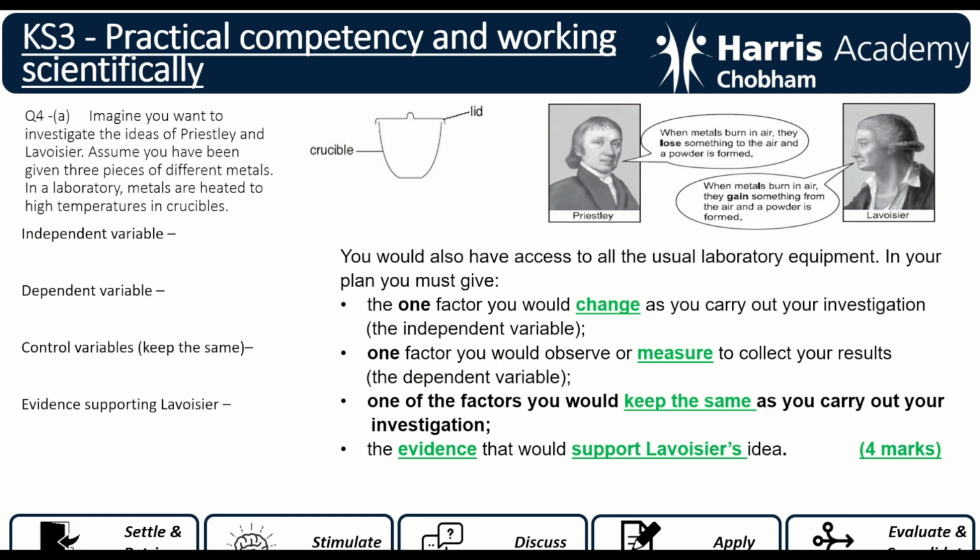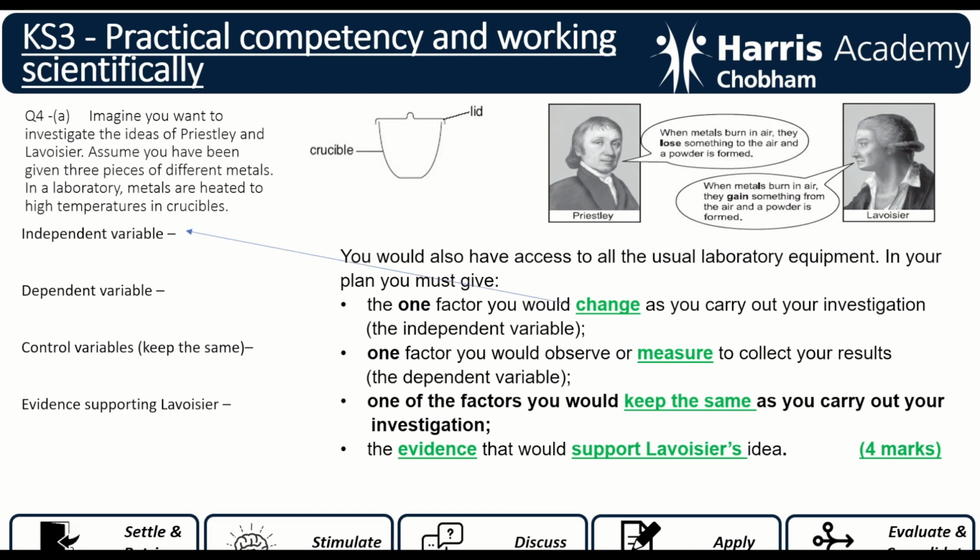Here is the exam question, and you're asked then to produce a plan, and it actually gives you quite detailed bullet points as to what should be in that plan. And what I'll show you is that these bullet pointed parts of your plan here are the same as the 4 marks that are available for the question, and you should have come across these variables before.